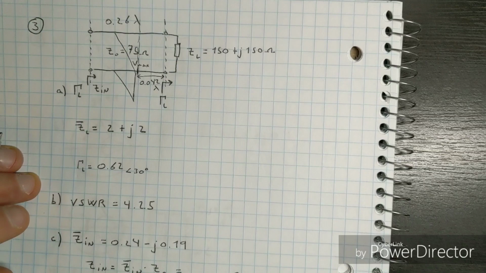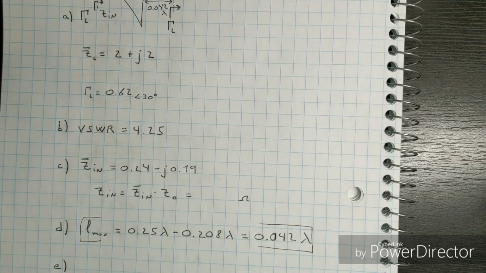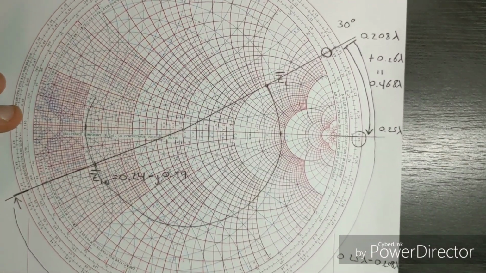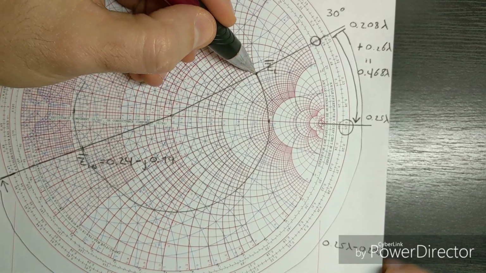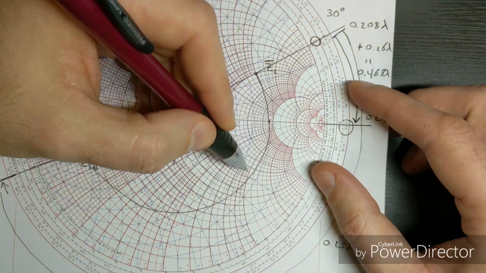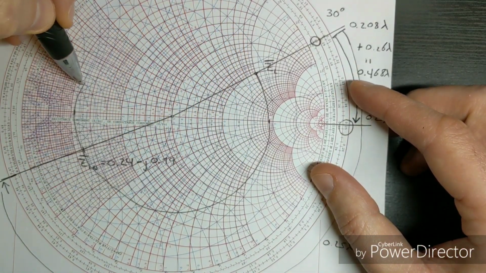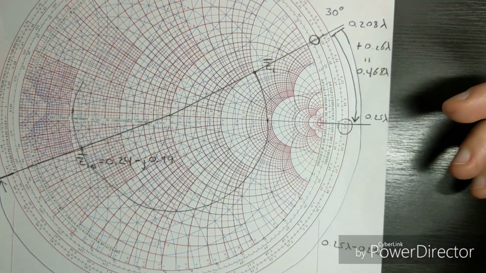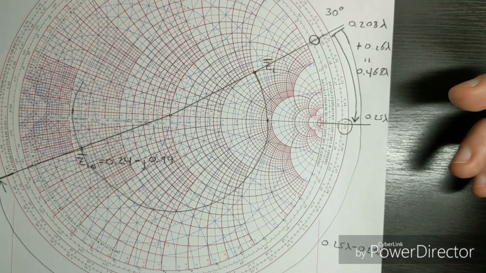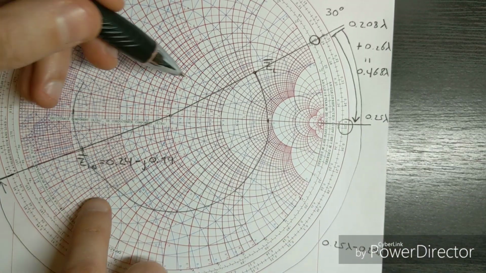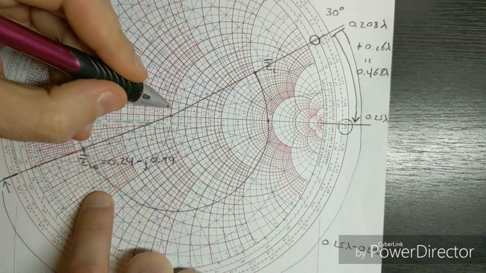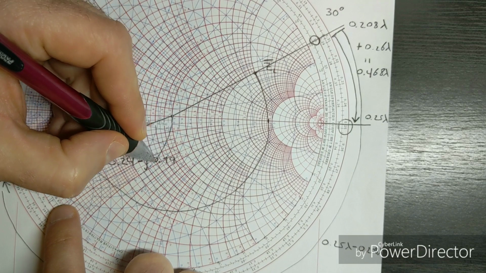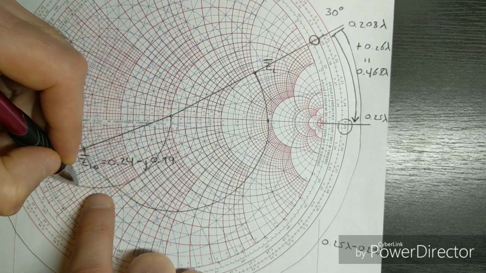So we can really easily see that on the Smith chart. We saw here that we have our load, we have the transmission line, so we are going around the center of the Smith chart. And if we want to match with a shunt element, it doesn't matter if it's a stub or an inductor or a capacitor, what we need to do is intersect the circle where the constant conductance is equal to 1.